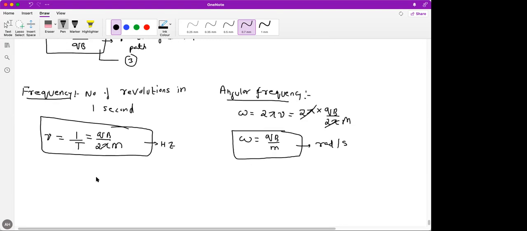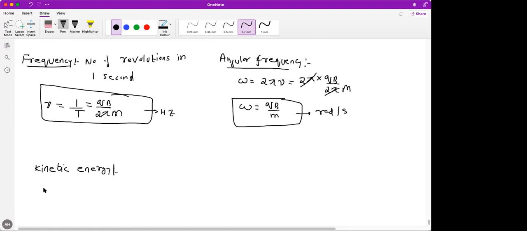After angular frequency, the last part is kinetic energy. So kinetic energy is half mv square, which is half m into v square.